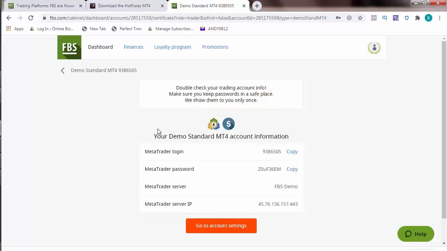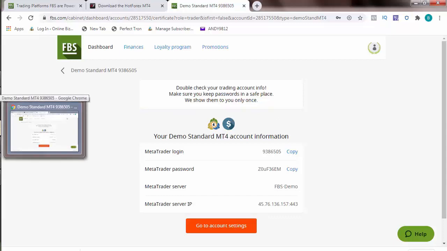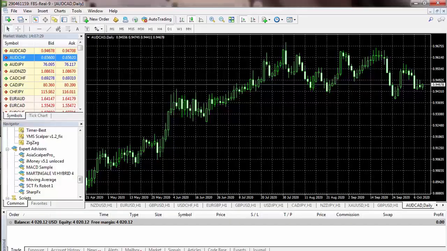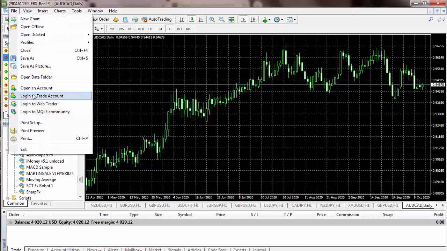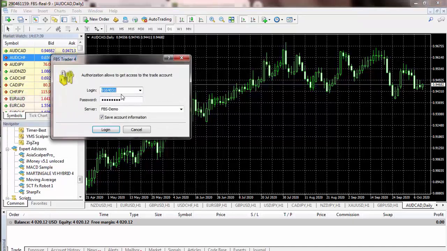So after you have done that and you have loaded your MetaTrader 4, then you will be demanded to log in, which you can just come down here and just click on this and put your username and your password you are given. Then this one is always a default on demo.